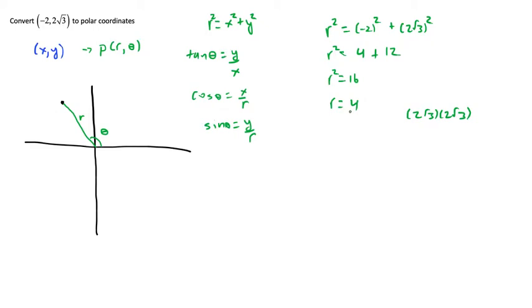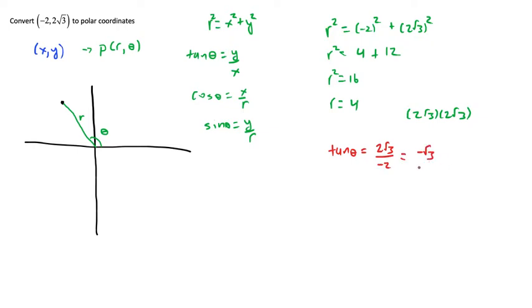Then the question is, what is the angle? Now remember, there are actually three different equations we can use. We can use tangent of θ is y over x, so that's 2√3 over negative 2, which is just equal to negative √3.